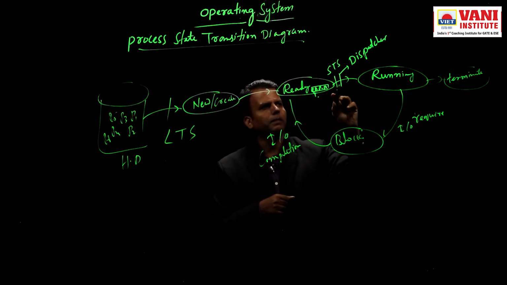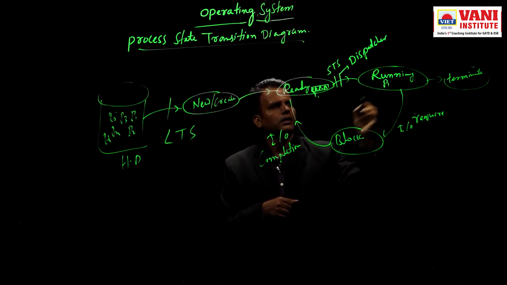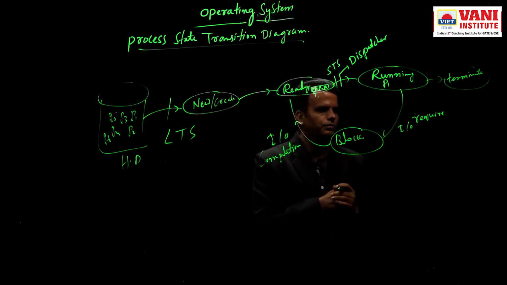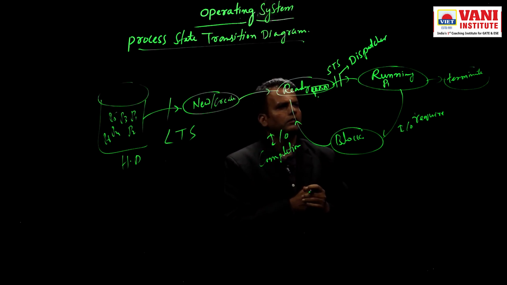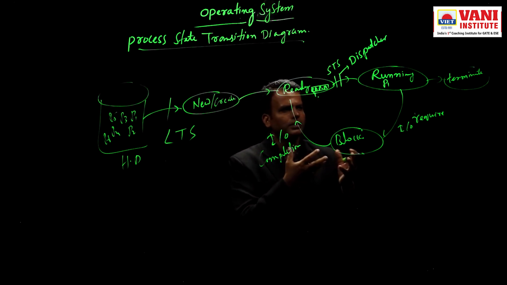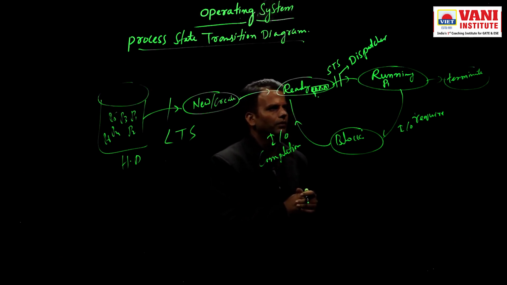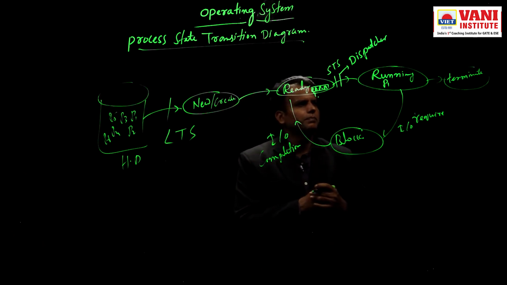Now the dispatcher keeps this program or process on the CPU. Generally it is a process, but in the discussion I will use program and process interchangeably, because at the time of execution everything is a process by default. Now this process P1 is executing on the CPU.